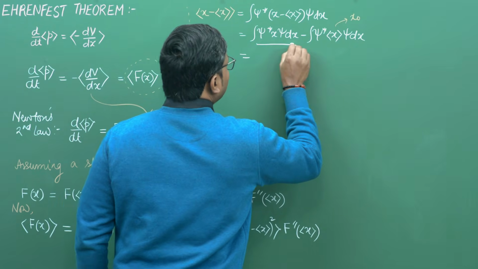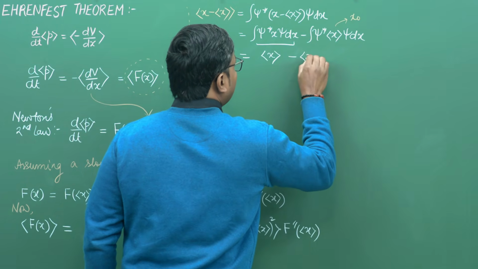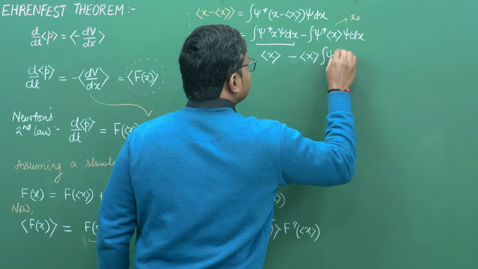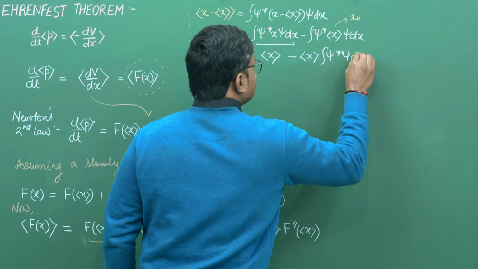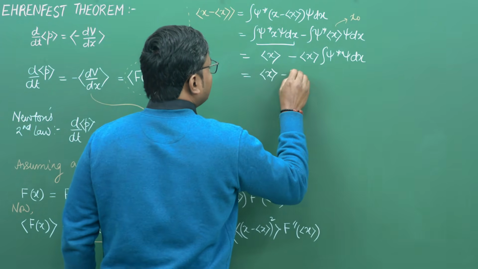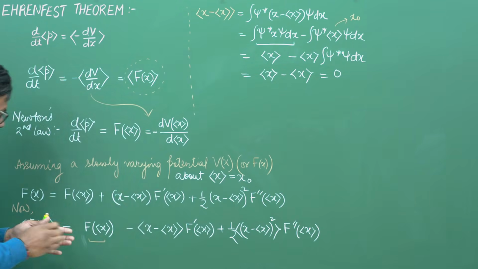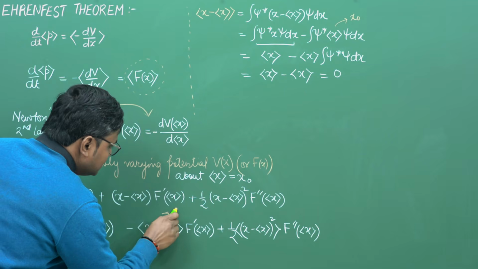This is nothing but what? This is the expectation value of x. Here I take the expectation value of x out of the integration. This is nothing but psi star psi dx. For normalized wave functions, this is just the expectation value of x minus the expectation value of x. This comes out to be 0. So this term here is 0.